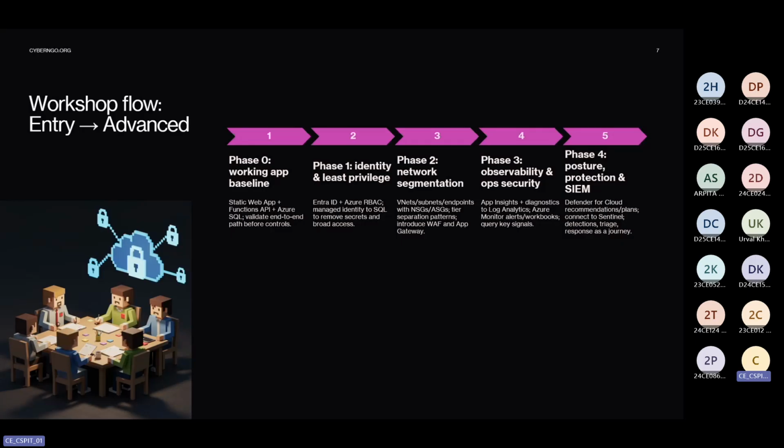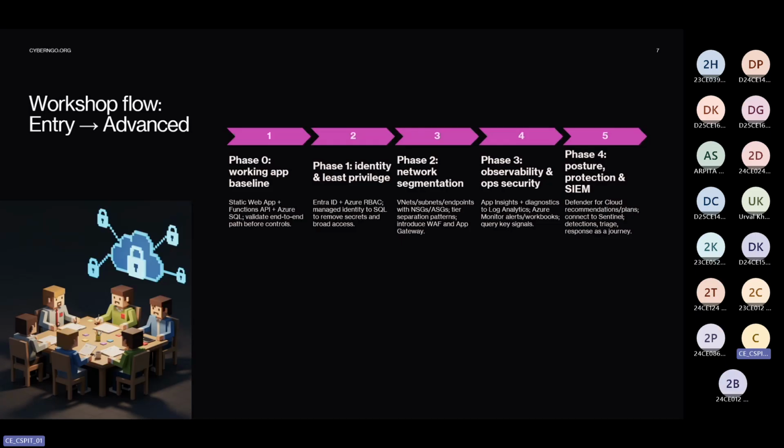Once we have the skeleton fully deployed on Azure, I'll go through those steps with you one by one. The next phase is identity security, applying least privilege on the basic architecture that we have, where we are going to enable Entra ID.